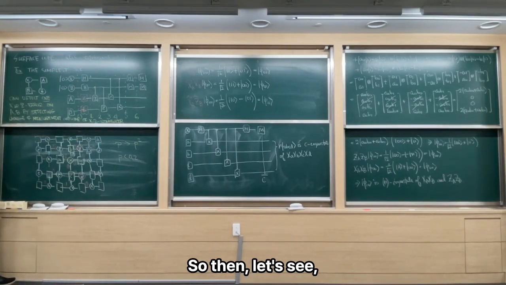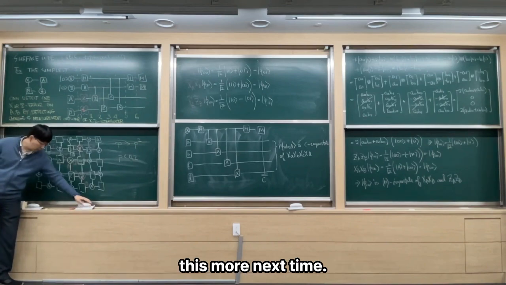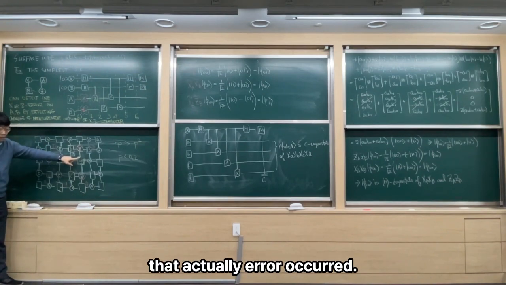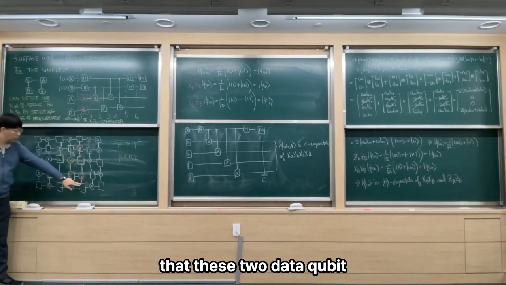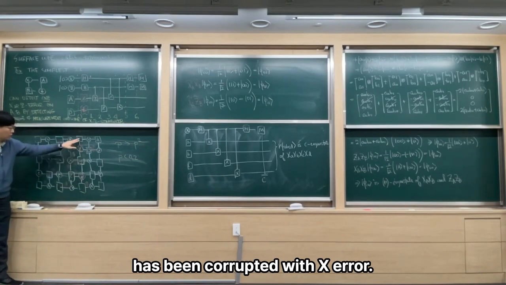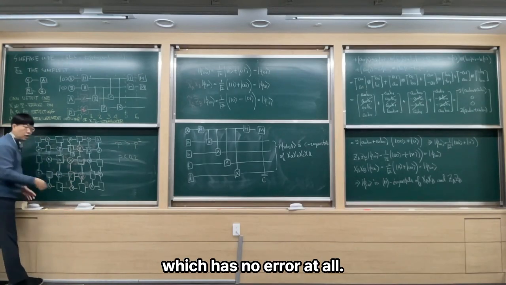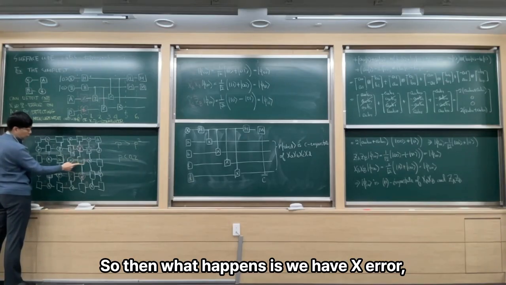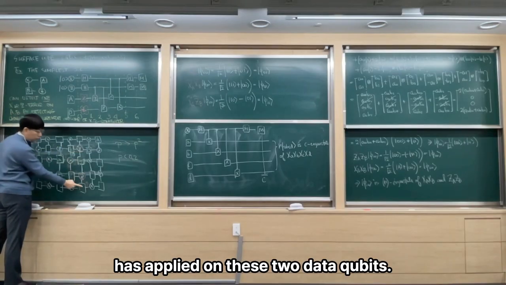So then, let's see. It gets interesting. I'm going to talk about this more next time. This was the actual error that occurred. This is the data qubit where the error actually occurred. But we misjudged that these two data qubits had been corrupted with the X error. So let's say we corrected our error on these two data qubits, which have no error at all. Then what happens is we have the original X error, and our artificial X correction applied on these two data qubits.